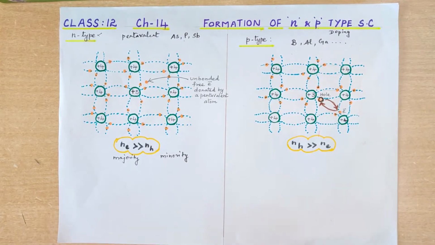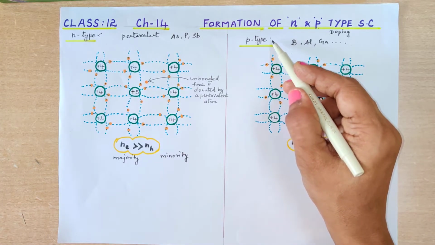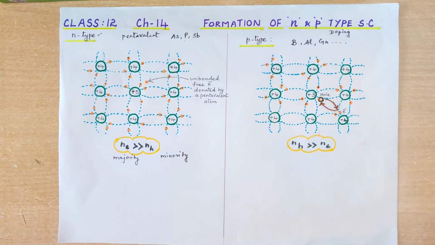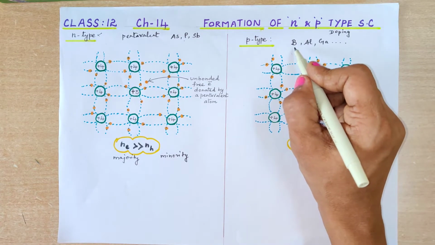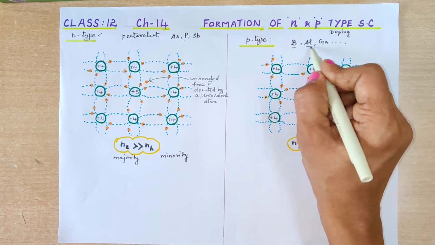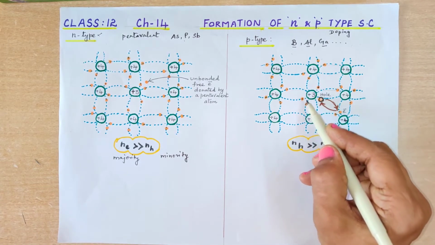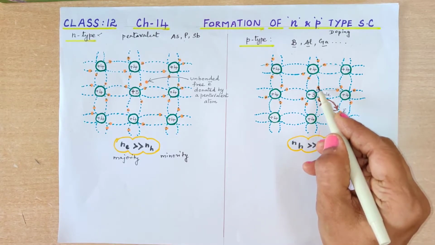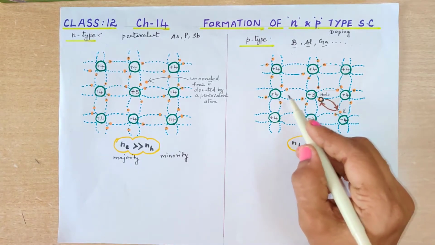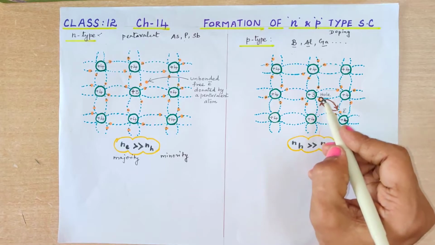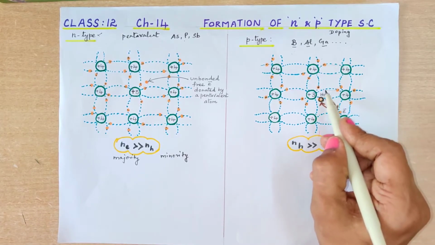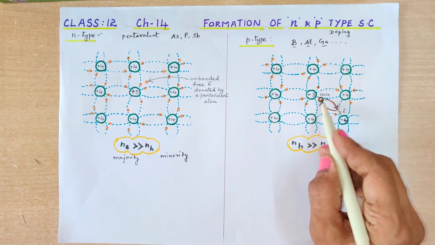In the similar way, when we look at P-type semiconductors, they are also obtained by doping a tetravalent semiconductor like silicon or germanium with a trivalent impurity like boron, aluminum, gallium, etc. So here the impure atom uses 3 electrons on 3 sides to form the covalent bond with the neighboring atoms like silicon, and has only one incomplete covalent bond because there is a deficient electron.